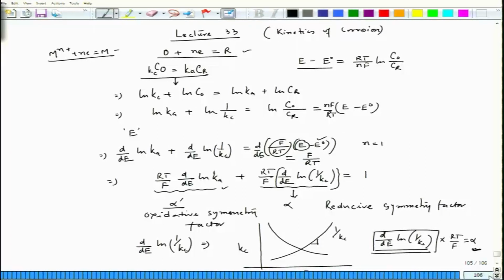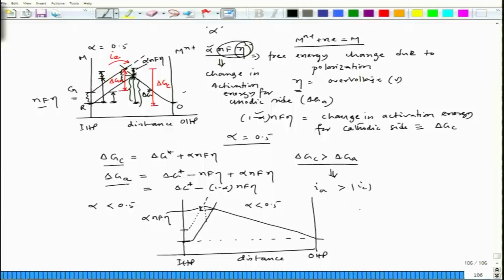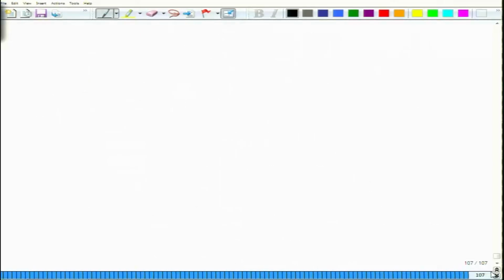So, let me write down again, which is RT by F, d by dE of ln 1 by Kc, equal to alpha, which is the reduction symmetry factor. Now, we can have a situation when we have alpha greater than 0.5, in which case the plot would look like this.